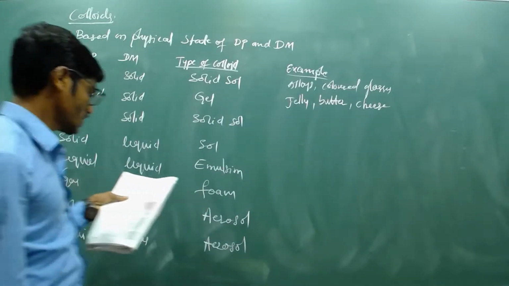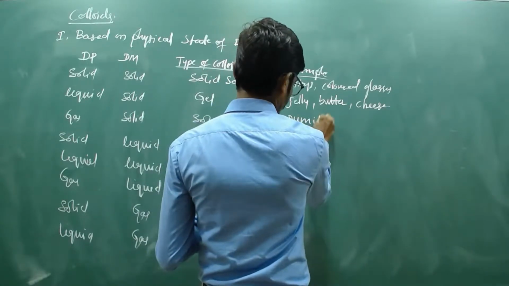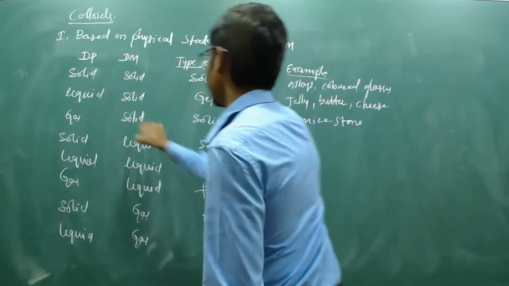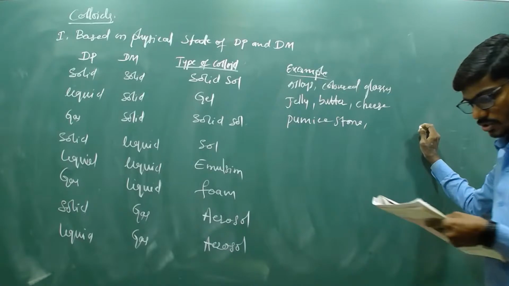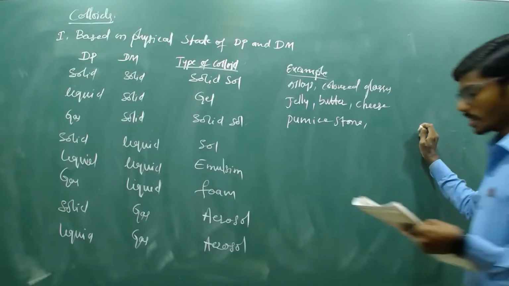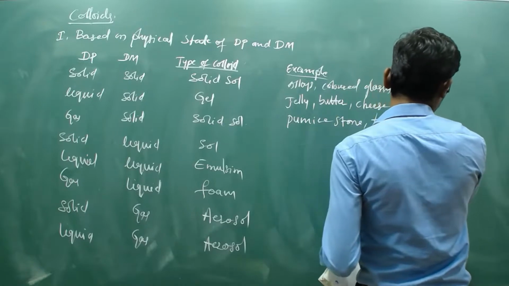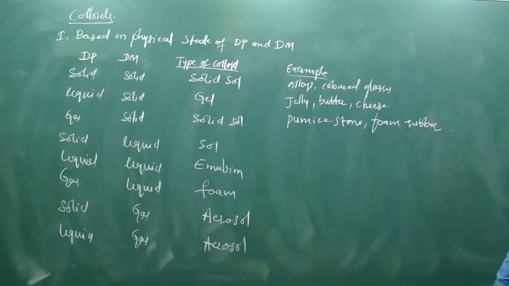Next, gas in solid. Pumice stone is an example where the gas is dispersed in a solid. Pumice stone and foam rubber are specific examples of this kind. Next, solid in liquid.